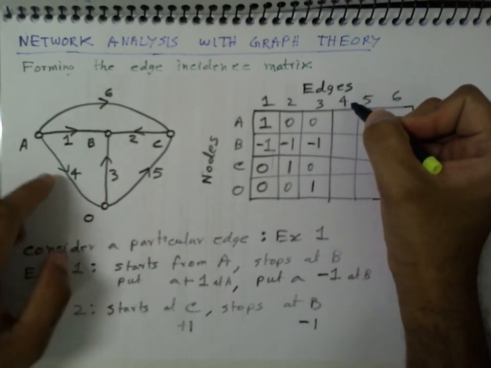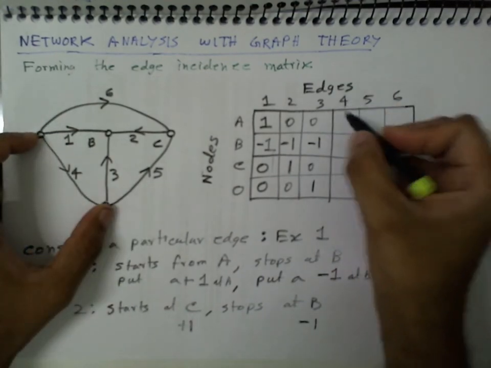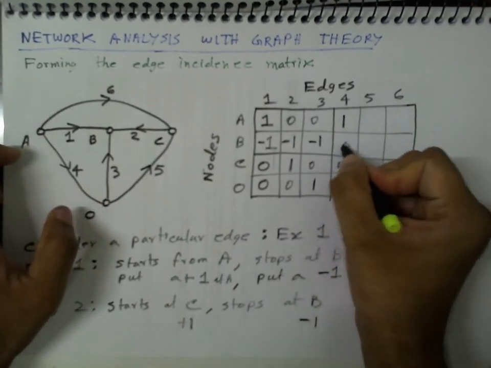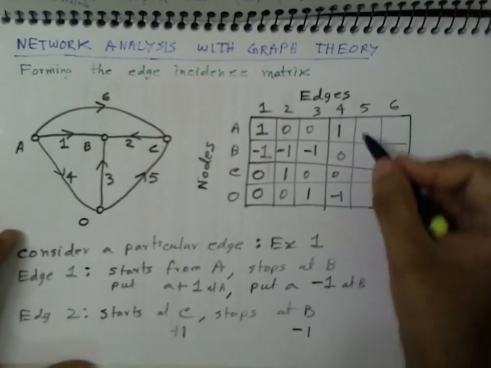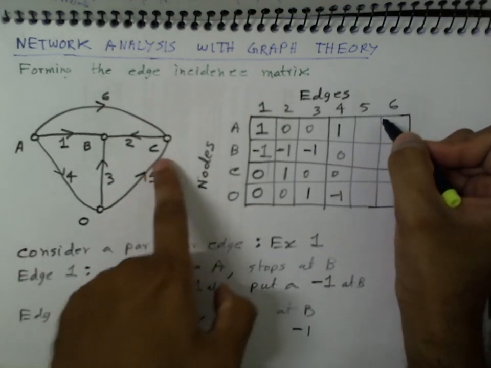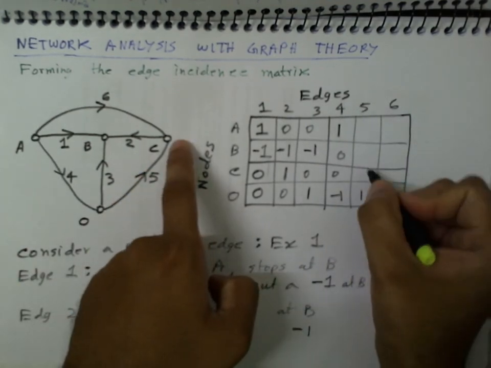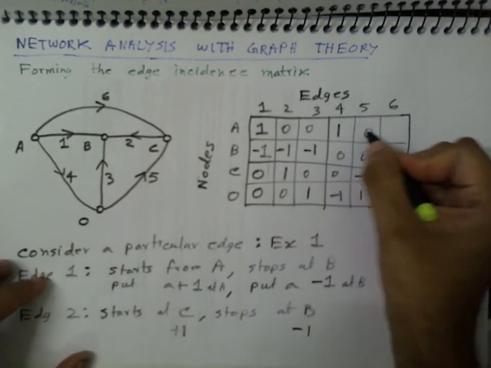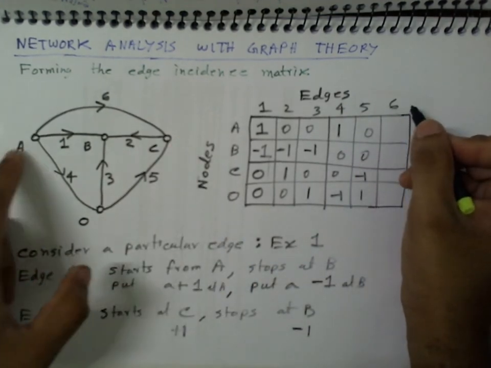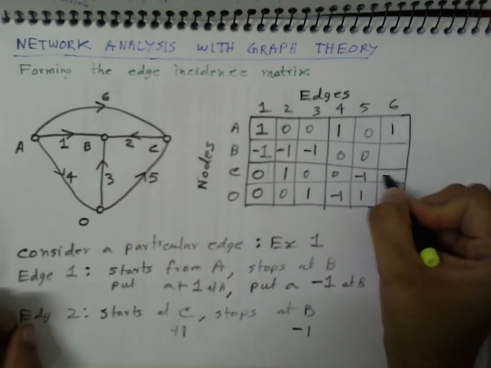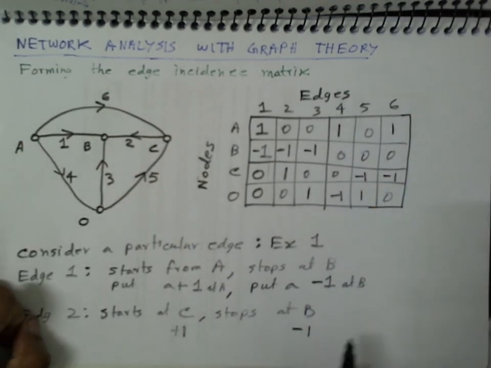Edge 4 starts from A to O. So A to O means +1, -1, 0, 0. Then 5 is here. So it starts from O and goes to C and 0, 0. 6 starts from A +1, goes to C -1, 0, 0.